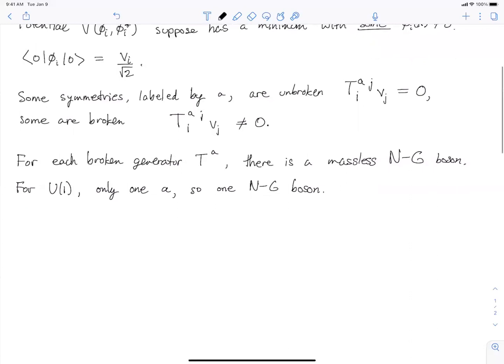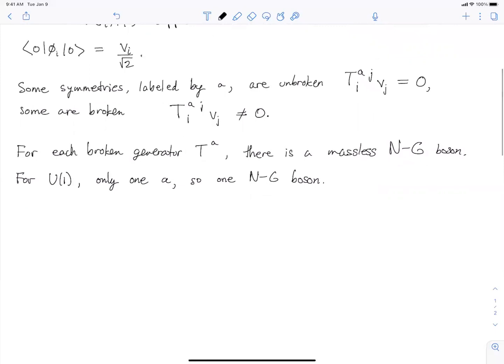The other thing is, if it's a global symmetry, it may not be an exact symmetry. It might be just an approximate symmetry. And in that case, the terminology that's used is that you say it's a pseudo Nambu-Goldstone boson.